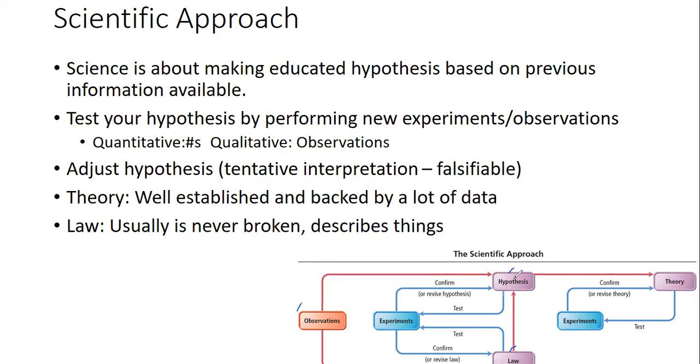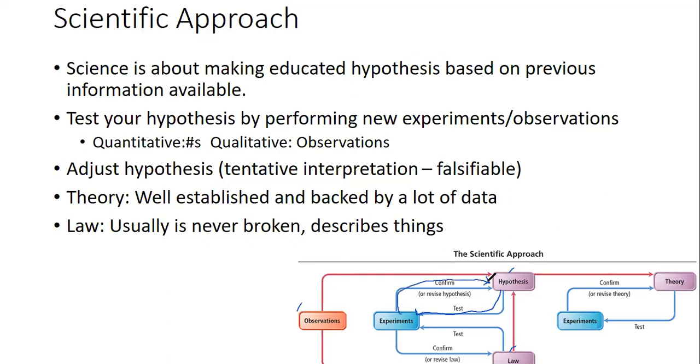Compare that to a law, which is usually never broken, and it's describing things. Currently in the field of science, not many laws are made anymore. Mostly they go from hypothesis to theory. So once you have some hypothesis, you usually want to run experiments on it. So you're going to test your hypothesis through an experiment.